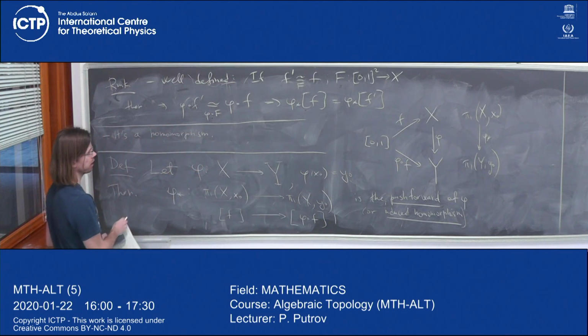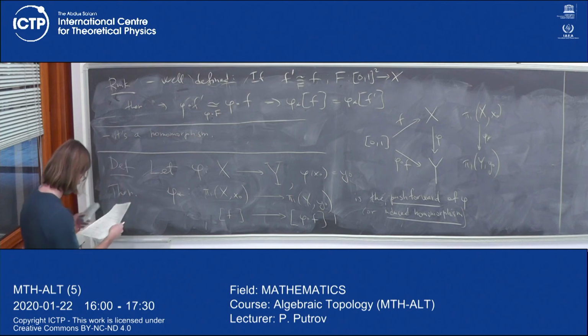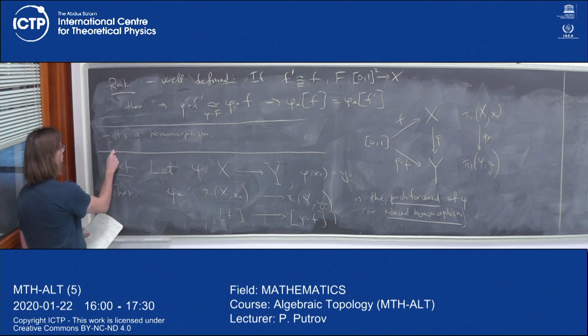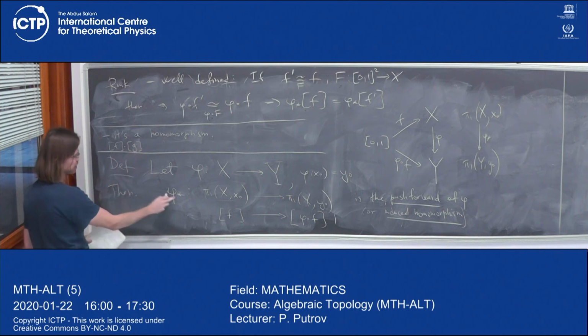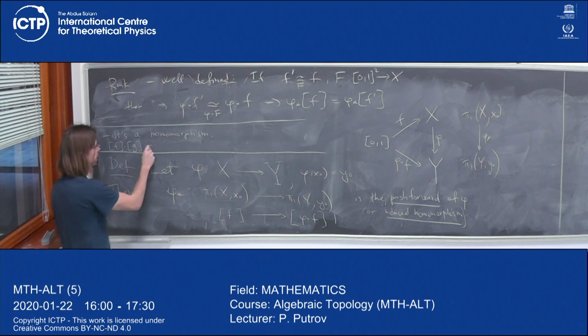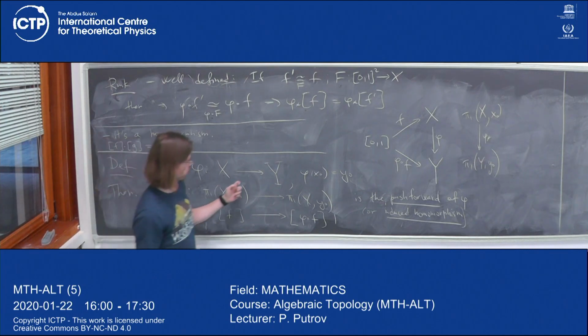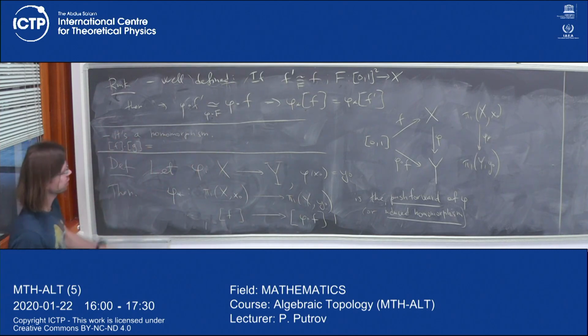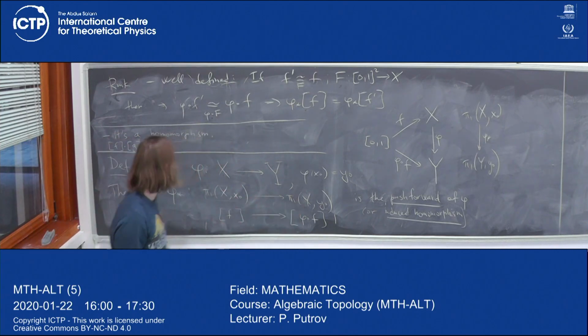Namely, I need to check that if I take the product of two classes here, f and g, it will be mapped to the product of the corresponding images in this group.